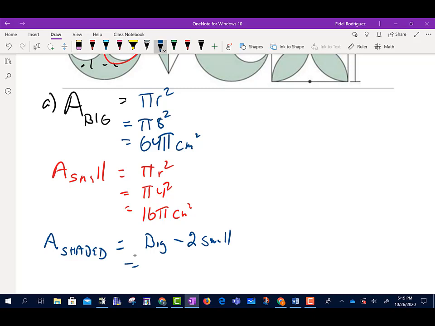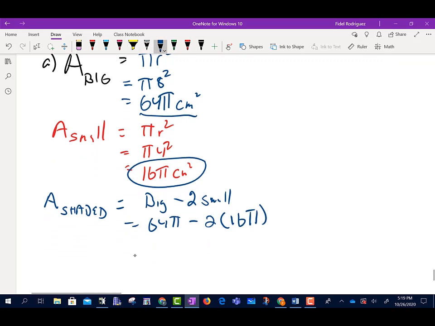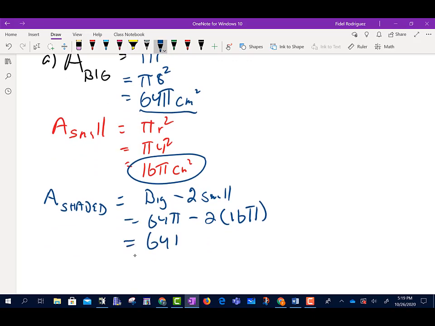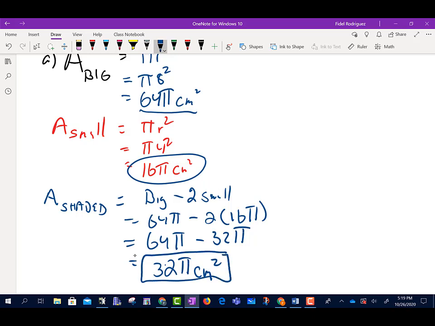So the big circle we said was 64 pi, minus 2 of these, 2 times 16 pi. This is going to be 64 pi minus 32 pi, which is 32 pi centimeters squared. And that's how we were able to do part A.